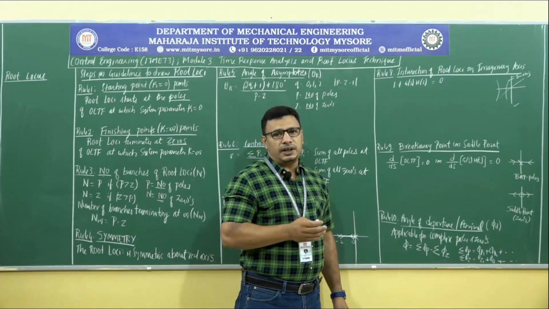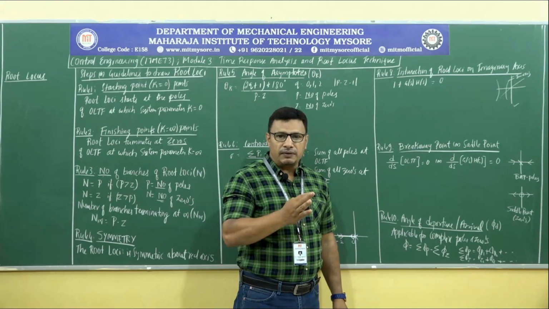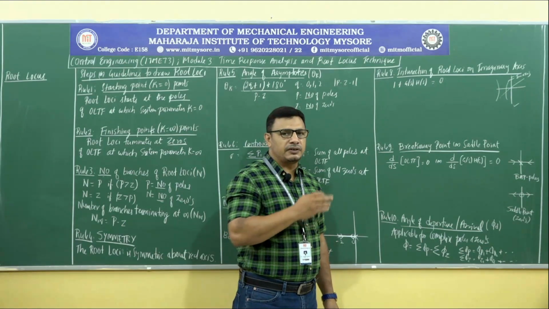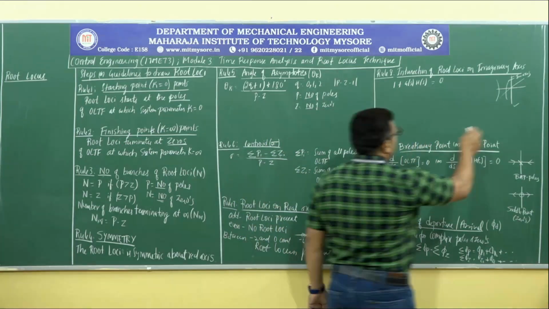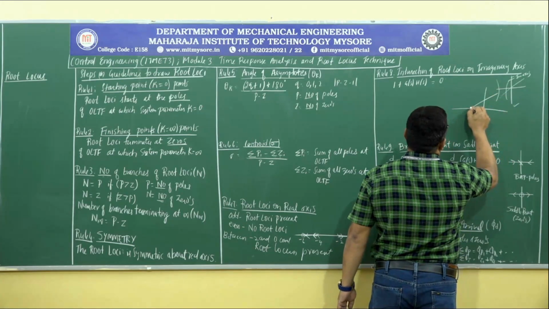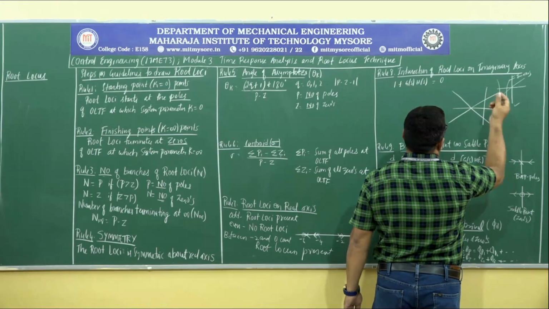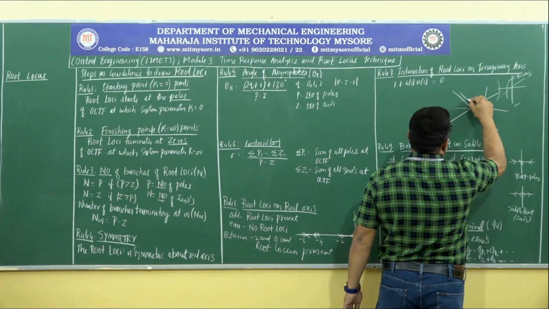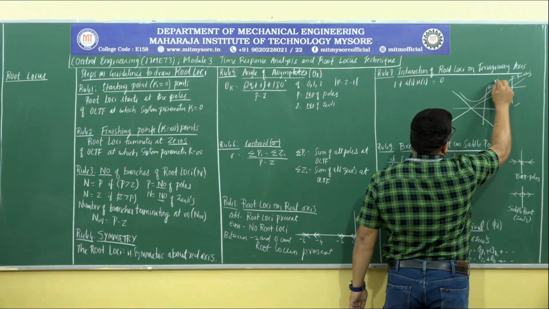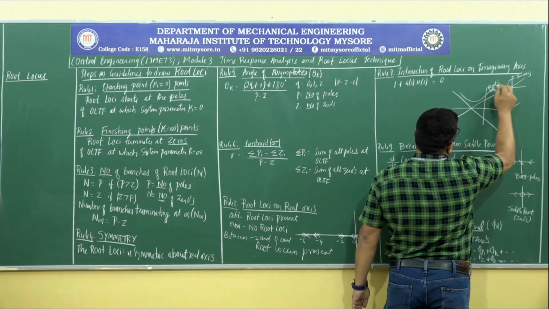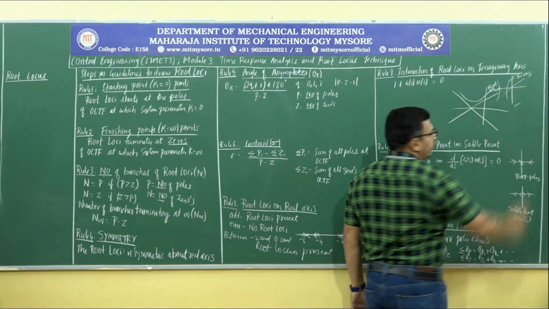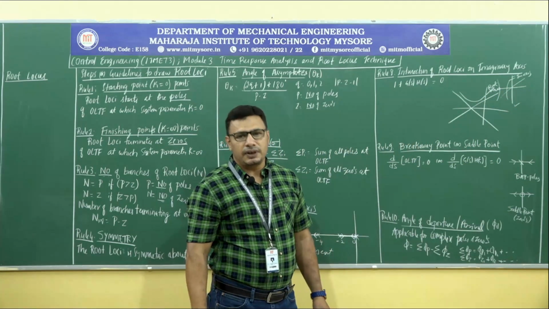So, in such a case, wherever the branch of root loci is going to cross the imaginary axis and move to the right half of S plane like this, say if this is the asymptotic straight line, and this is the root locus, then here is the point where it is crossing the imaginary axis and moving to the right half of S plane.